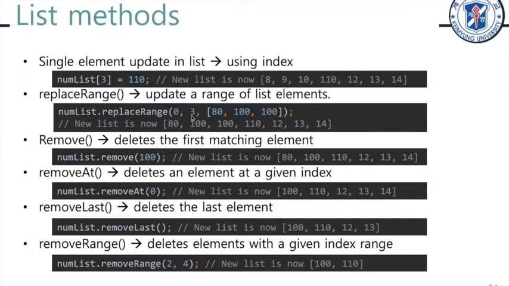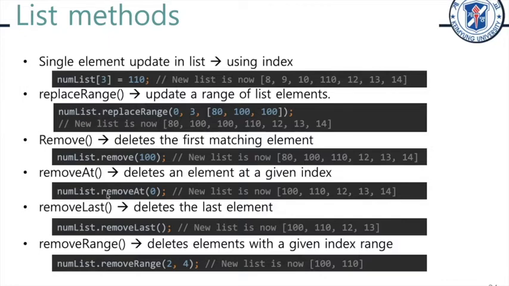You can replace a range of elements. For instance, you can replace the range from 0 to 3. That means it will replace indexes 0, 1, 2, so it will replace them with 80, 100, and 100 here.